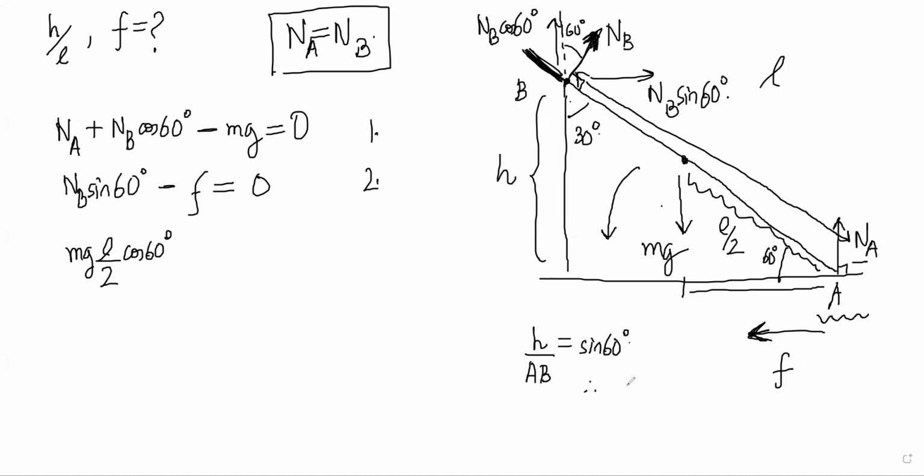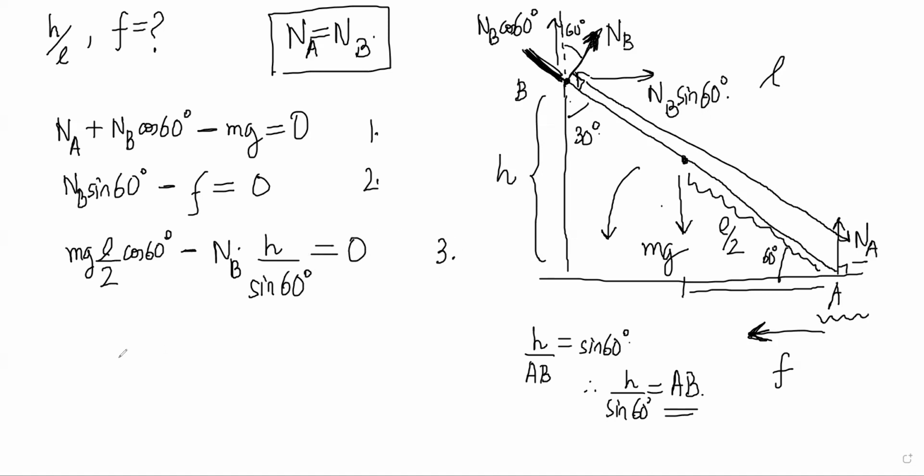So therefore, H by sin 60 is AB. So therefore, the torque by normal force is minus NB into H by sin 60. And these two torques should also add up to 0. This is the third equation. And the fourth result is NB is equal to NA, which was given to us in the problem itself, right?